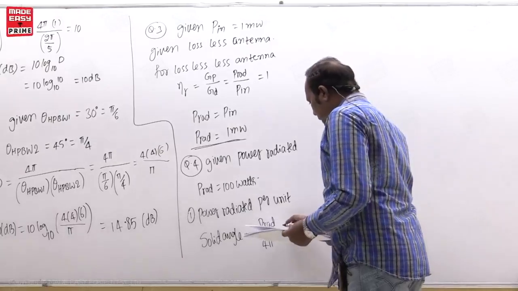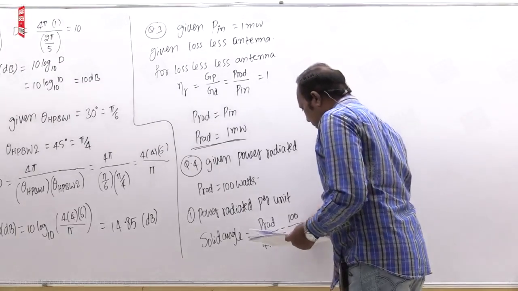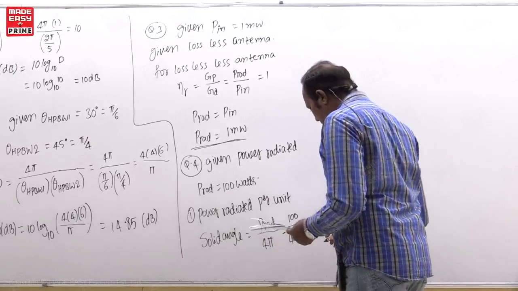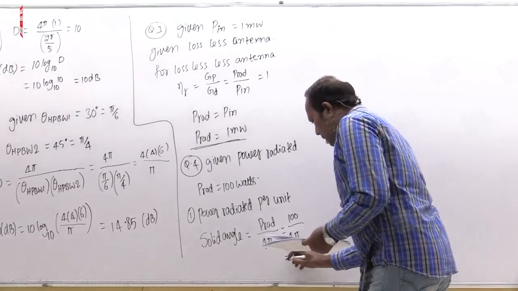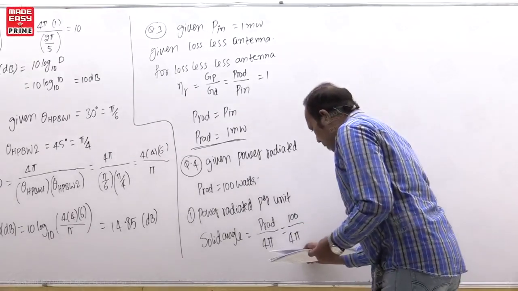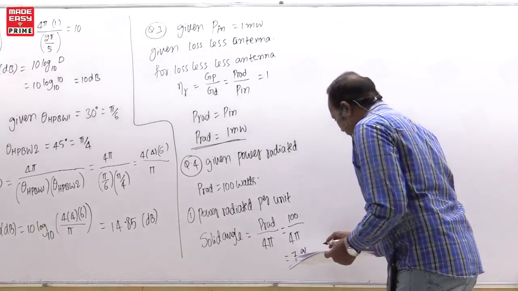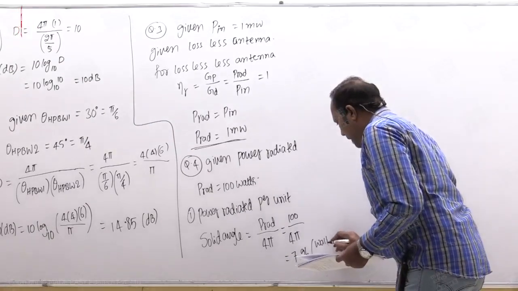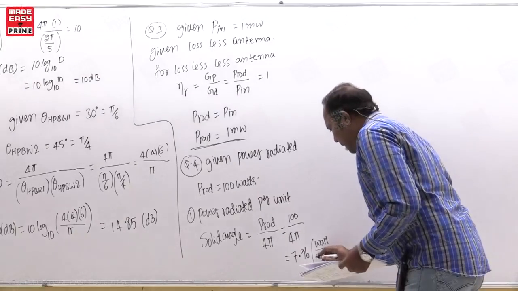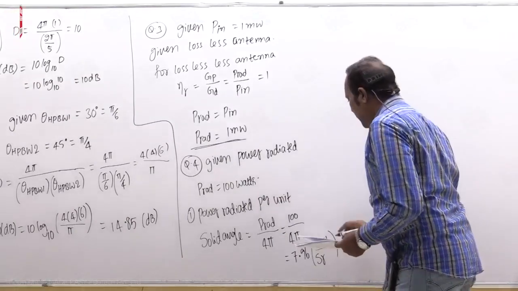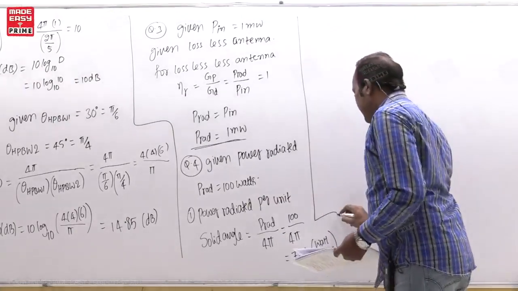This is 100 divided by 4 pi, that is equal to 7.96 you get. The unit of power radiated is watt, and solid angle is steradian. Watt per steradian is the answer.